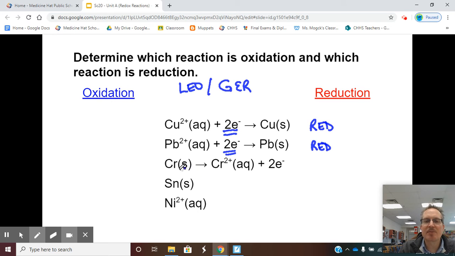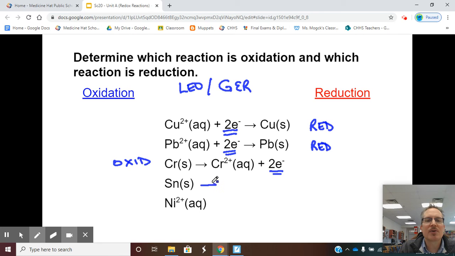Let's do our third example. Chromium goes to Cr2 positive plus 2 electrons. Well, notice in this example, our electrons are on the right-hand side. They are leaving the reaction. Leaving electrons is going to be oxidation. Now, these two examples are a little bit harder because they're not written out for us, so we have to do that. Let's look for Sn. Let's look for tin in our periodic table. It's element number 50.